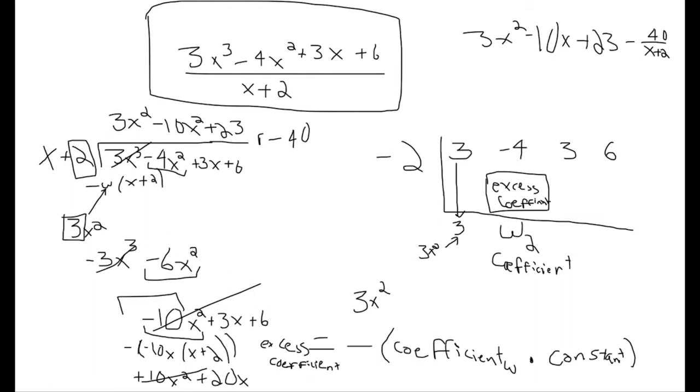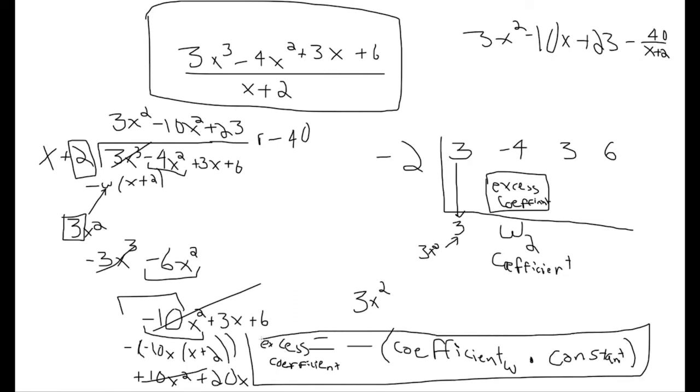So we have to find a way that we can get that excess coefficient for all questions without having to write it all out. Now, the thing about the excess coefficient is that it is just going to equal the negative coefficient of w times the constant of the binomial.